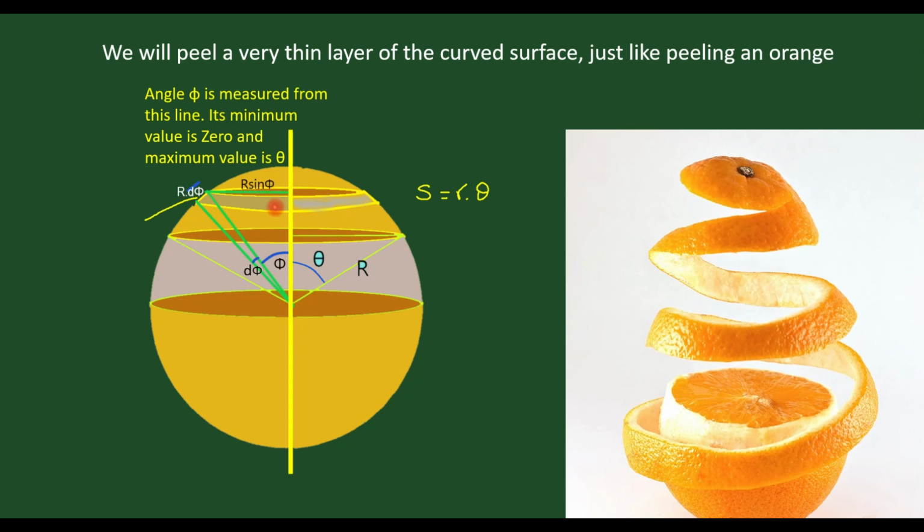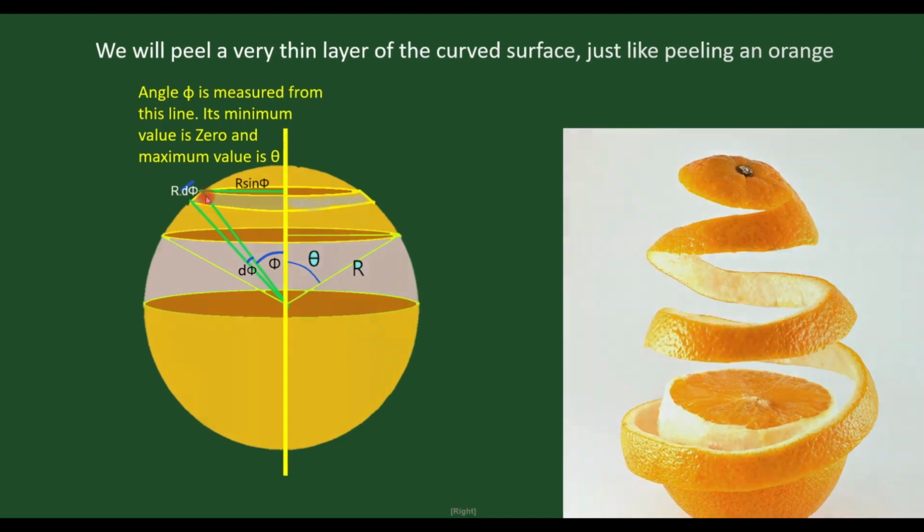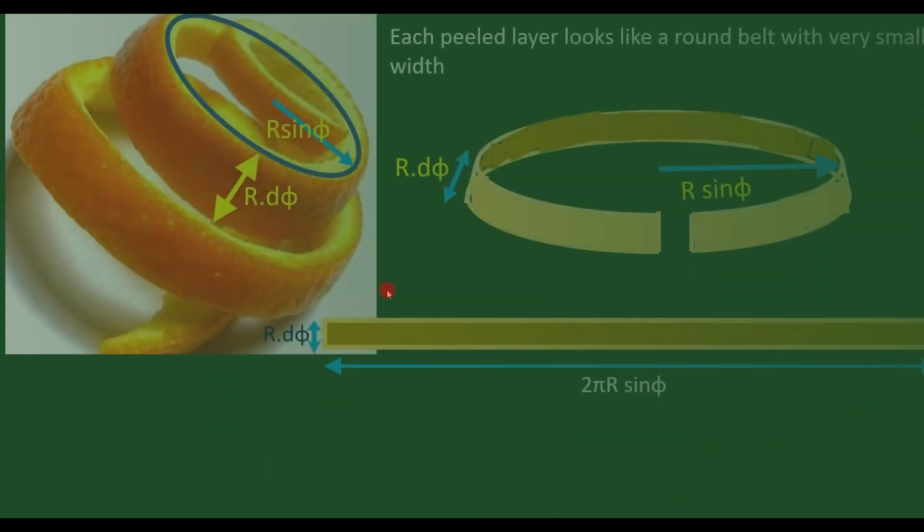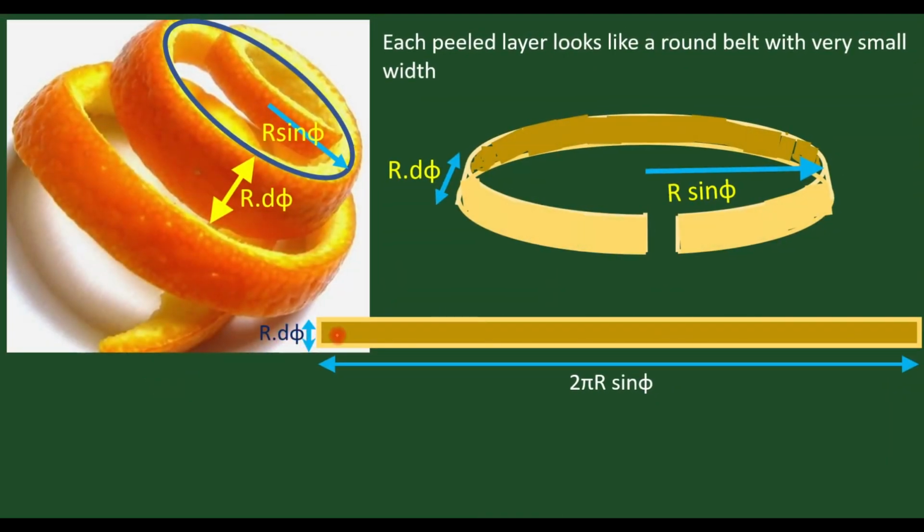We'll cut this belt along its width and spread it, and then we get a rectangle whose length is equal to the circumference of this belt and whose thickness or width is r into d phi. So this is the belt.